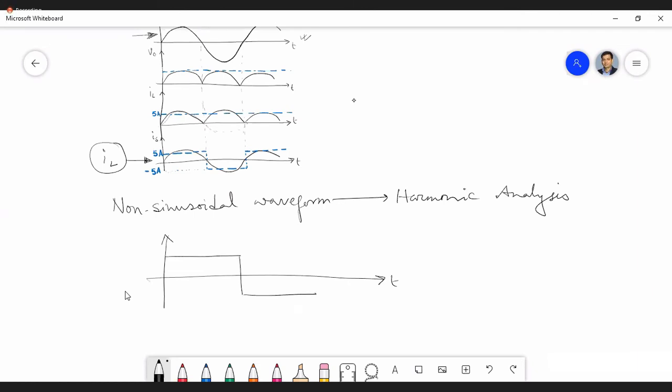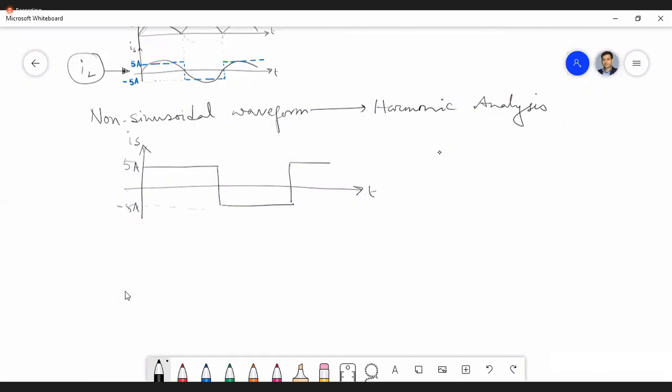So we have seen that. Can you tell me what harmonics will be there in this particular waveform? Or do you have to calculate?